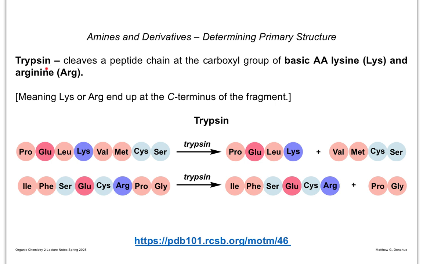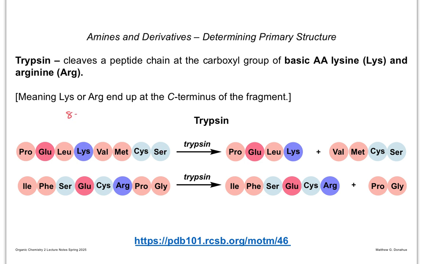So again, trypsin cleaves a peptide chain at the carboxyl group of the basic amino acids lysine and arginine. So let's look at 2 examples of this with trypsin. How many amino acids do we have? 1, 2, 3, 4, 5, 6, 7, 8.